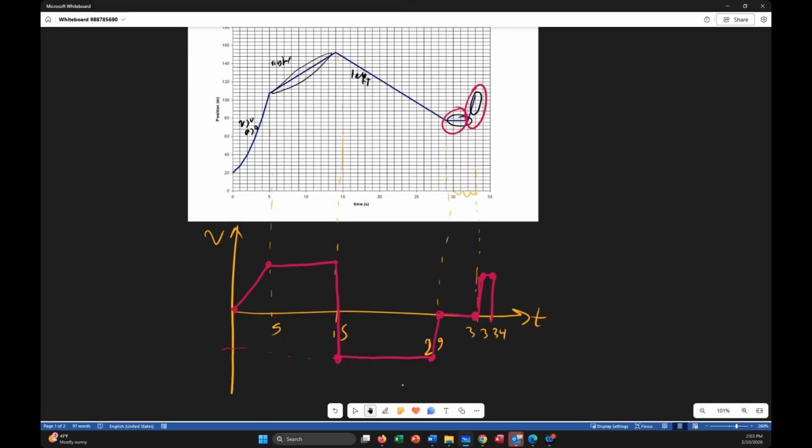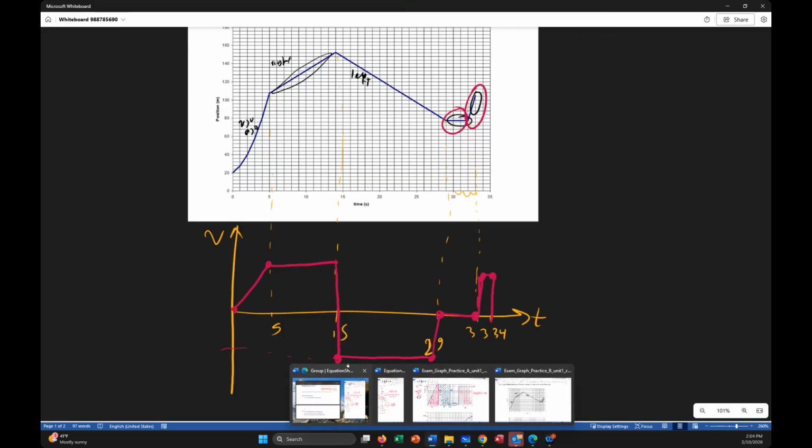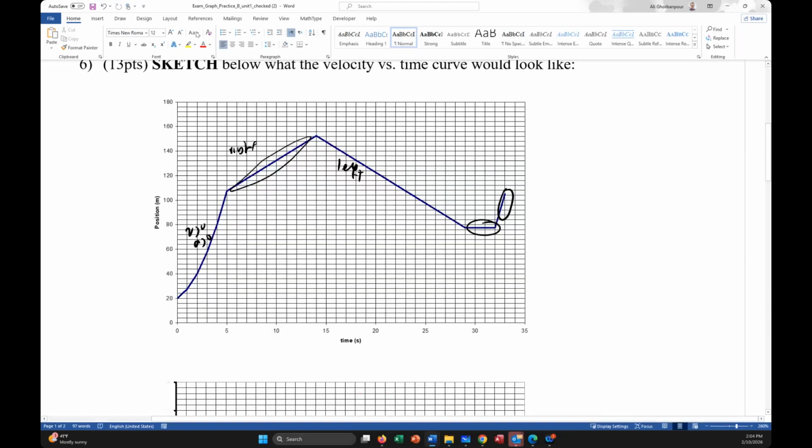But if you want to find the velocity value, I'll show you how to find it. Let me draw.